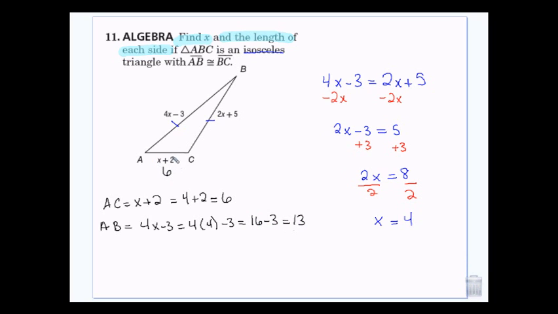Right here. X is 4. So we did the x plus 2 and we replaced the x with the 4. So this side is 13. Now do I have to actually solve this side? No, because it's also going to be 13 because I knew that these two are the same size. So this also equals BC.